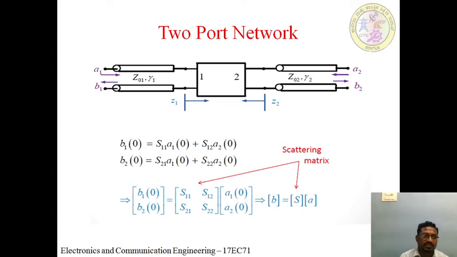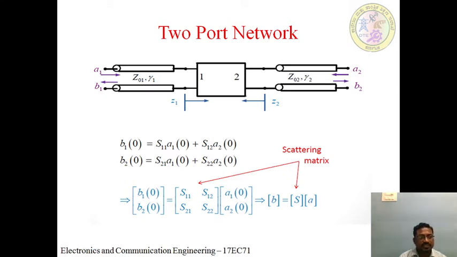Instead of V and I, we consider the a's and the b's. A represents the incident waves at the respective ports, and b's represent the reflected waves from the microwave junction coming out of the respective ports.